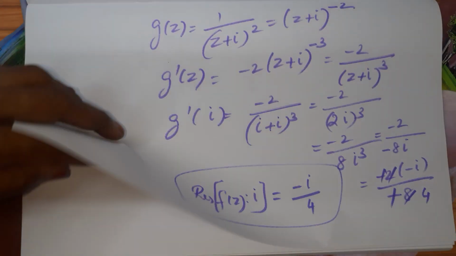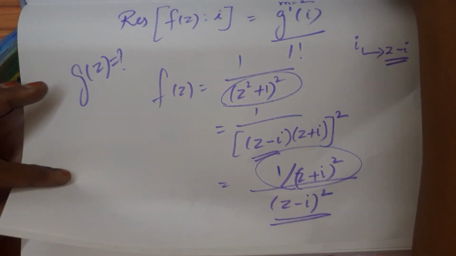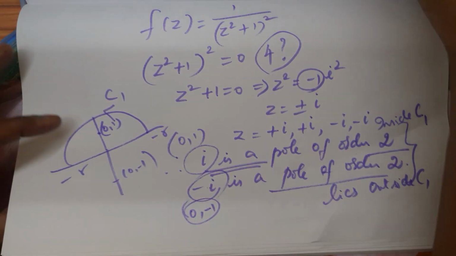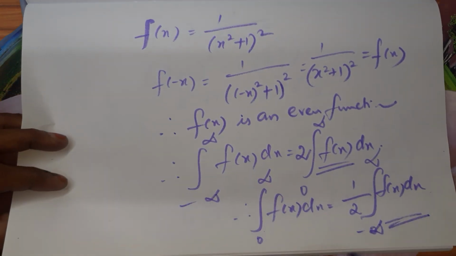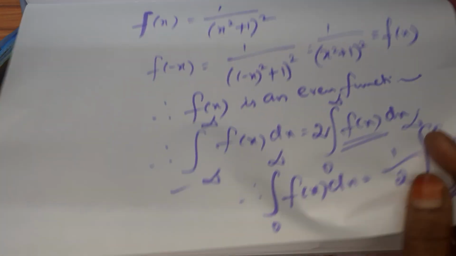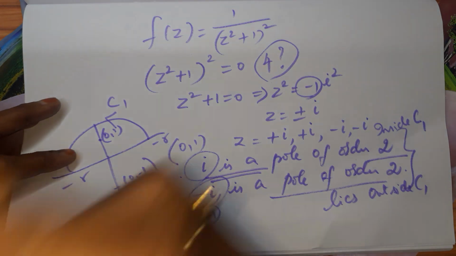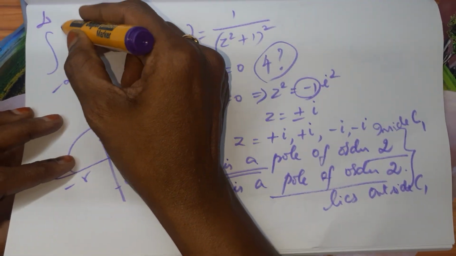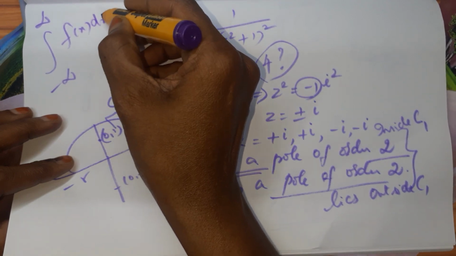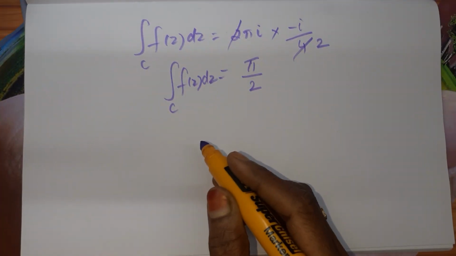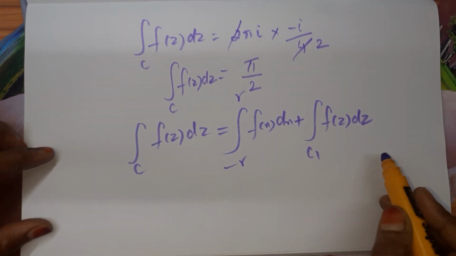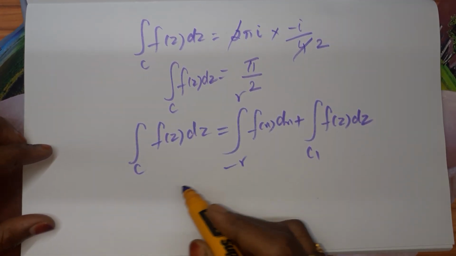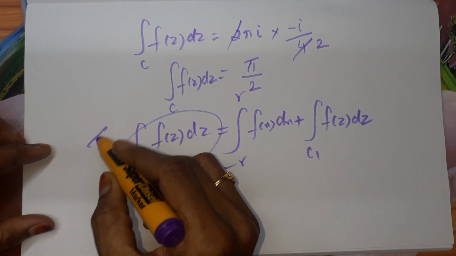Okay, so where did we start? This is the equation, and here we took, this is actually we started for minus infinity to plus infinity f of x dx. This only we started. For that only we have the equation. In that, this one only we are getting as pi by 2.